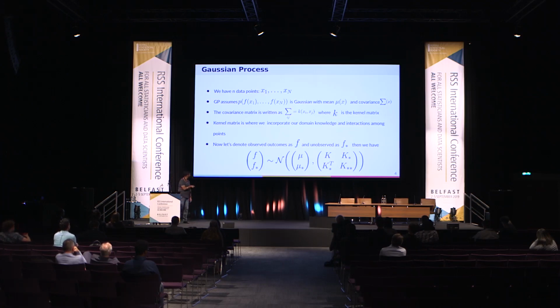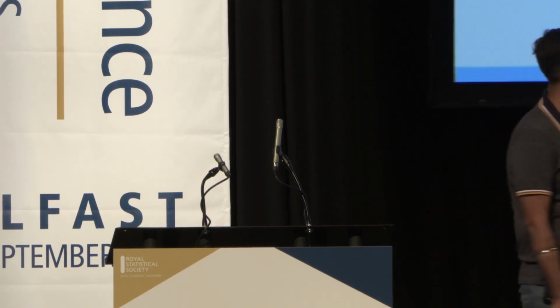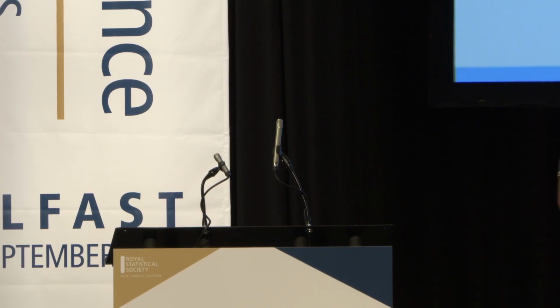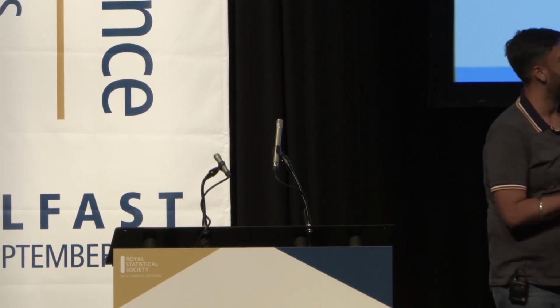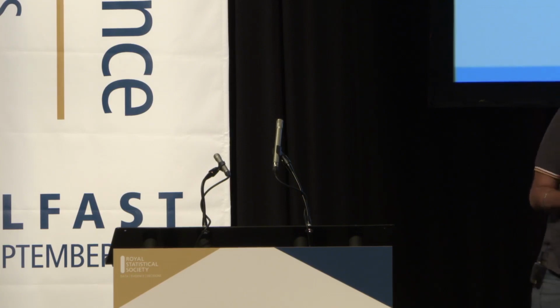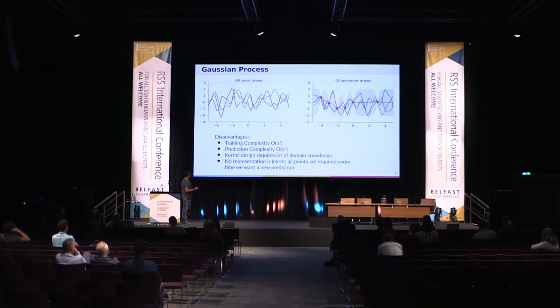Your new distributions are also normally distributed, where mu is the mean of the observed data, mu star is the mean at the locations where you want to predict, K is the kernel matrix for the observed data, K double star is the kernel matrix for the unobserved points, and K star is the kernel matrix between the observed and unobserved points. This is standard for Gaussian processes.